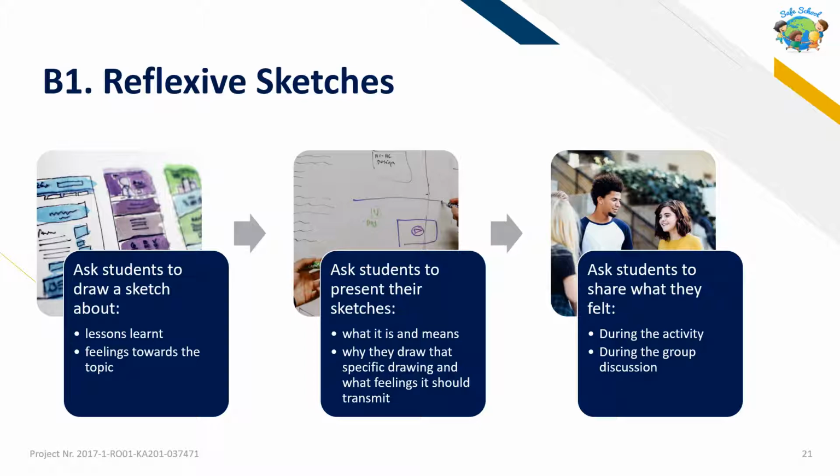The important thing here is their individual interpretation, perspective, and feelings, and never the quality of the drawing. After the drawing moment, please ask students to present their sketches and to explain what the sketches mean, why they drew that specific sketch, and what feelings they should transmit.